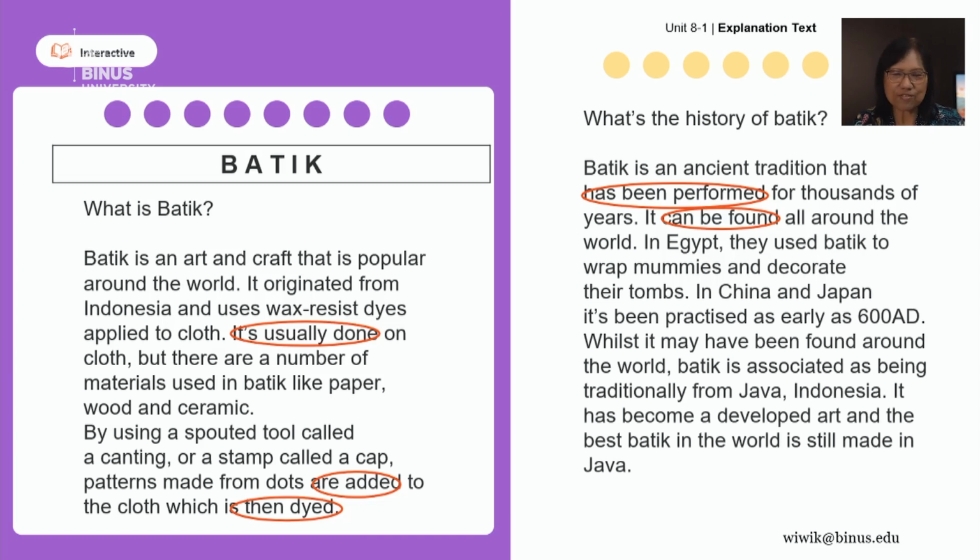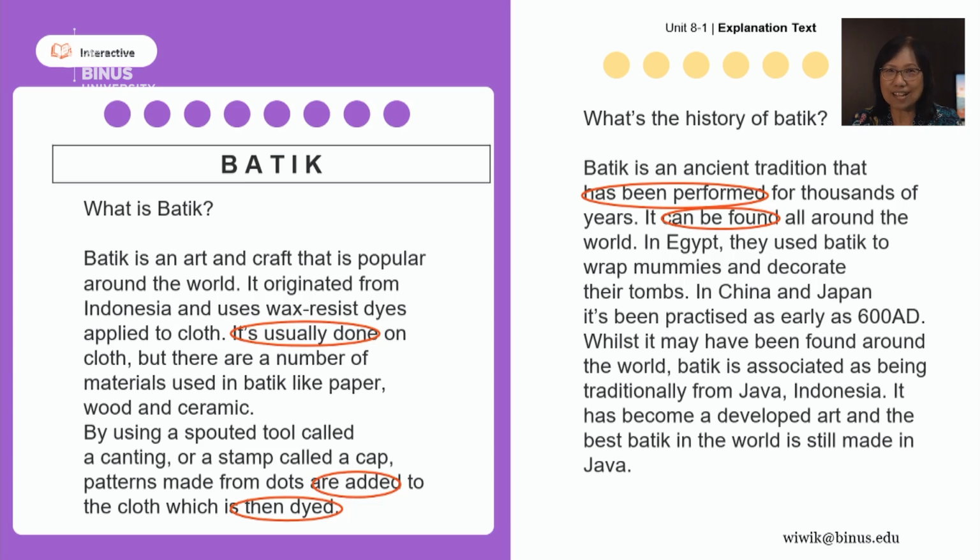Okay, so those 5 examples. Can you notice the structure? What is it called? Yes, you're right. It's called passive voice. So those 5 structures belong to passive voice.